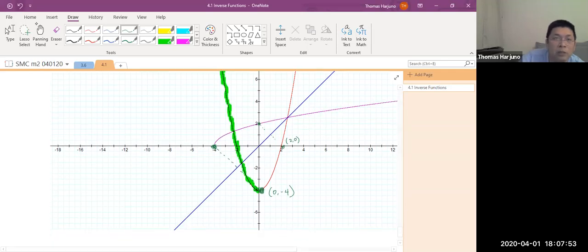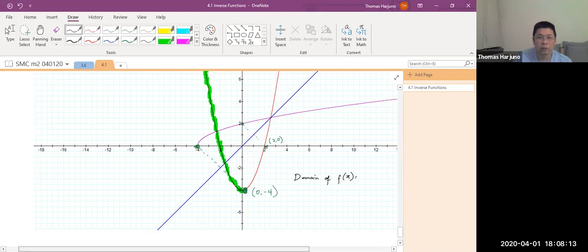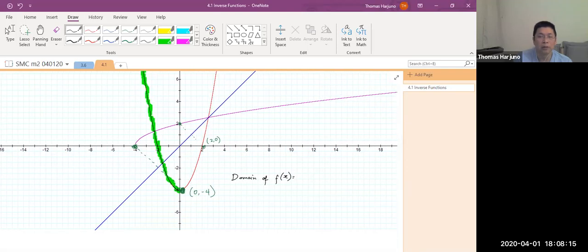Now, to say even more, what can we say about the domain of the original function? Which is the original function? The purple color. This is the original function.